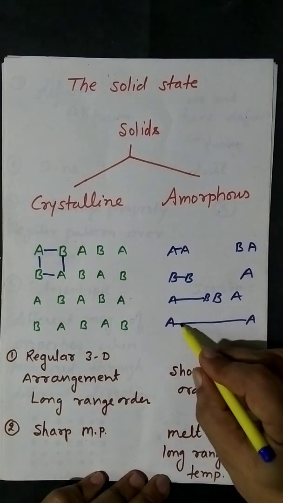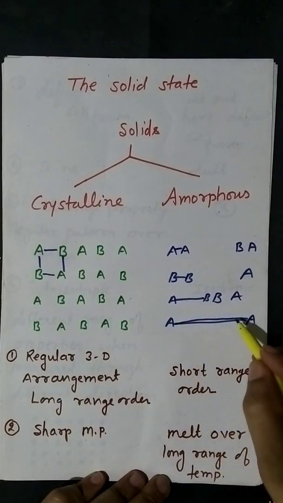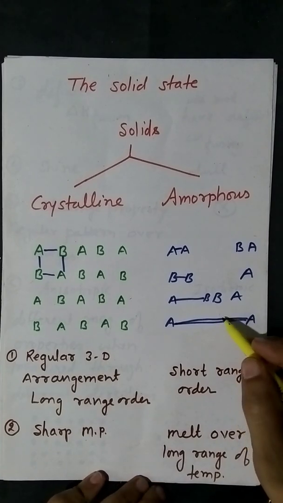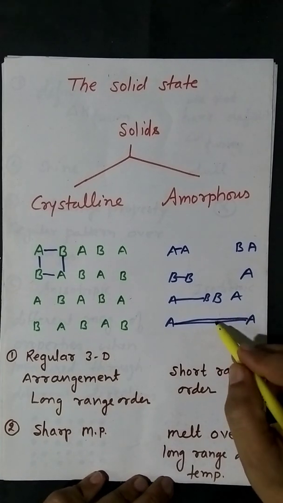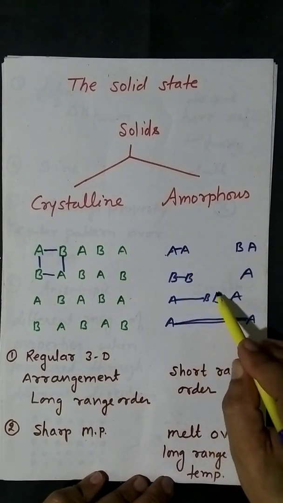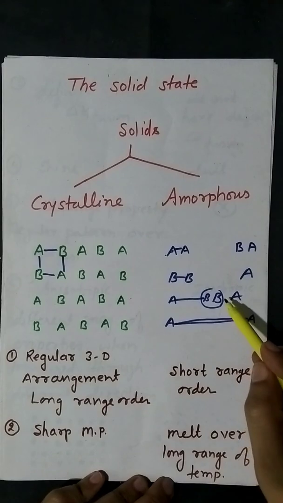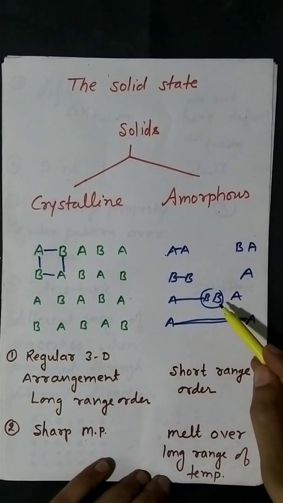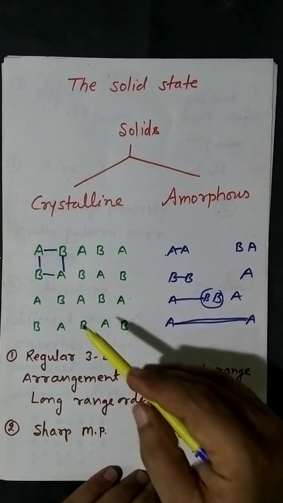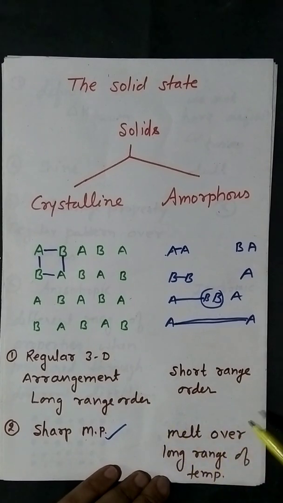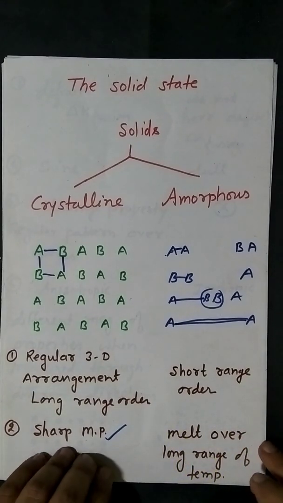It looks like the weakest bond here, as per the distance between particles, can break at a very low temperature, maybe less than room temperature, and the stronger bonds you can see here can break maybe at a very high temperature, maybe 500 degrees Celsius or even more. So crystalline solids melt at a particular temperature, which is considered a sharp melting point, while amorphous solids melt over a long range of temperature.